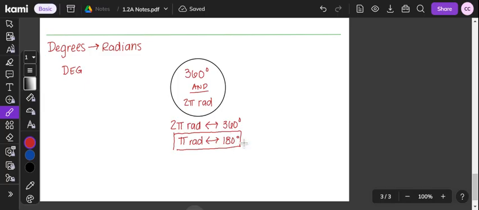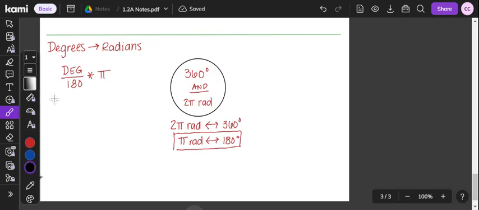So I need to divide away 180. And then I need to put in the radian part of it, the pi. So I'm going to divide by 180 and I'm going to multiply by pi.